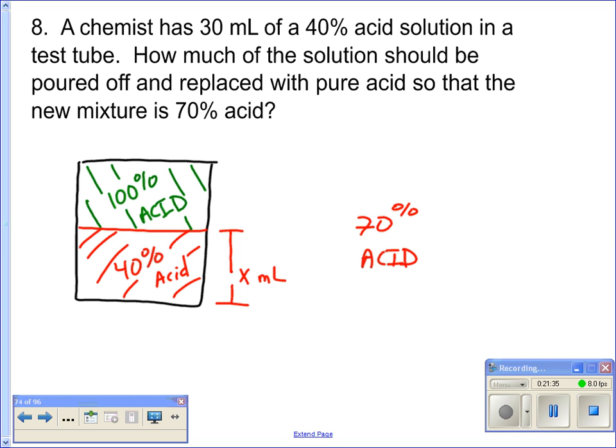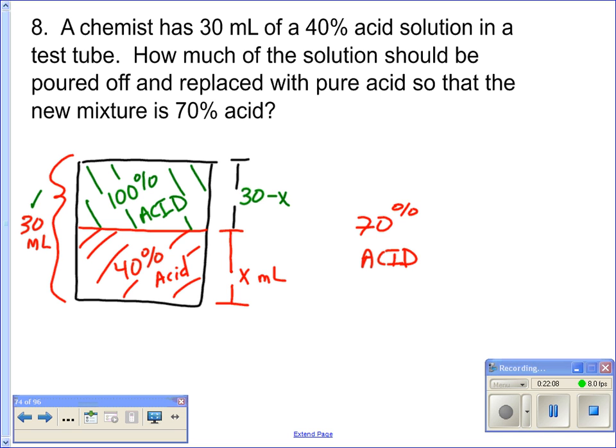Now, we know that the whole thing together is 30 milliliters. All right? So if that's X milliliters there at the 40%, then how much was this up here that we poured off to come up with this 70% solution? Well, the answer is that it's going to be the 30 minus what we have in the bottom of the container, which is X, because together they have to add up. And if you do 30 minus X plus X, then you get the 30, which checks out.